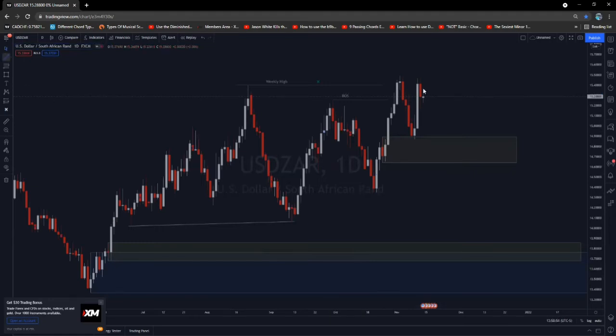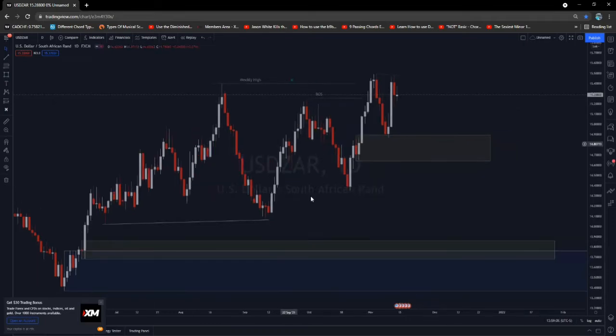Now, interestingly enough, you have been failing to create new highs. So two scenarios can unfold. Either the market can go back to this order block, tap into some of the orders, move up, right?